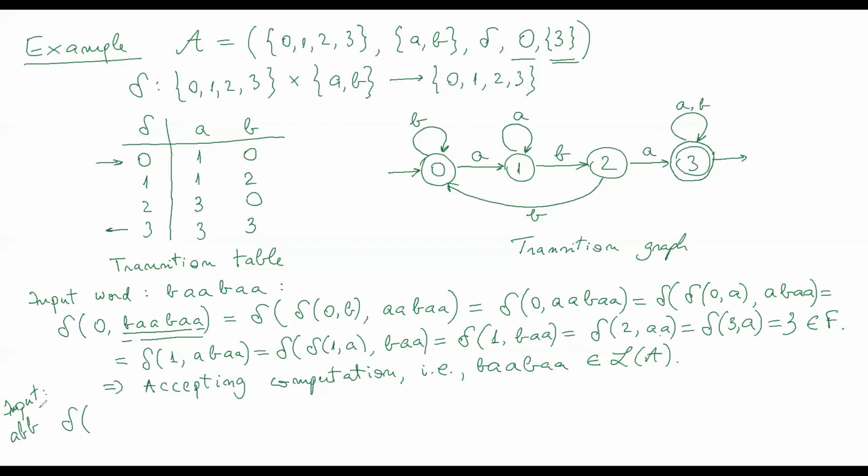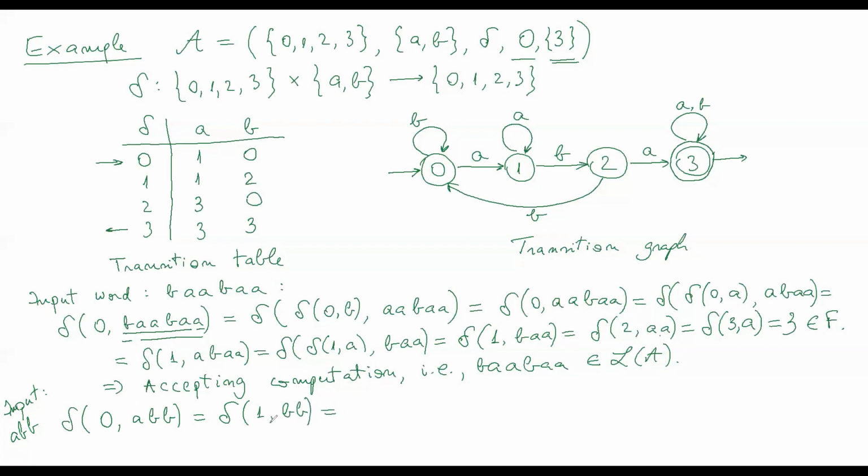And so to consider this input, I will have to do again a computation starting from the initial state 0 with this input word ABB. And that's going to be like this. First I do a step from 0 with A, and that will bring me to state 1. So I will be in state 1, and I have to handle the remaining of this input, so BB.